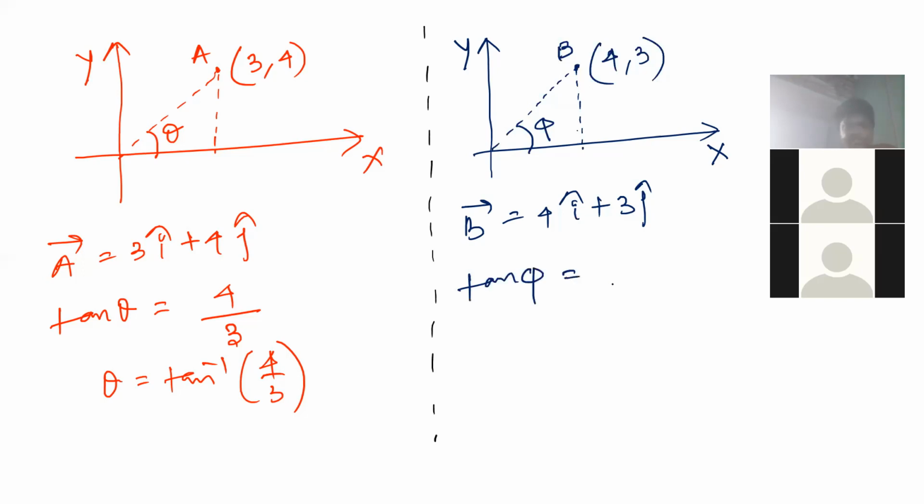Tan phi equals the perpendicular divided by the base. In this case, the vertical component is 3 and the horizontal component is 4. So it will be equal to 3 by 4. If I find the value of phi, it will be tan inverse of 3 by 4. Whether this thing is clear? How to find out the direction?